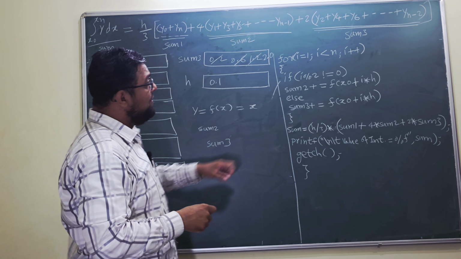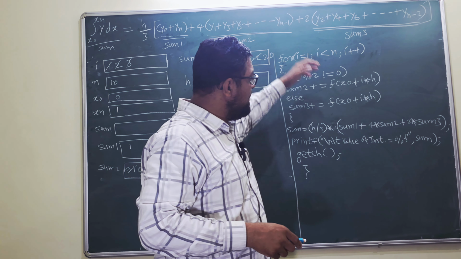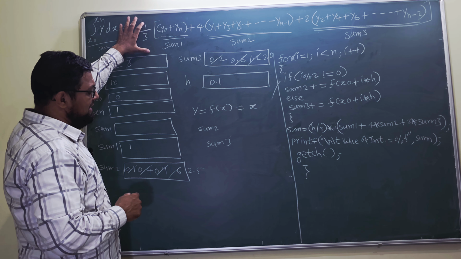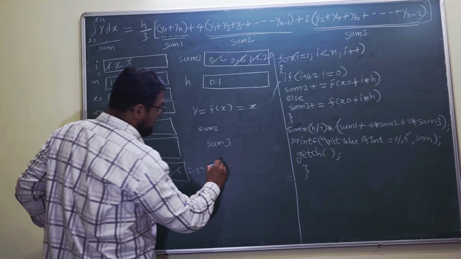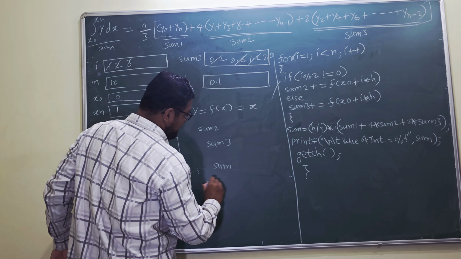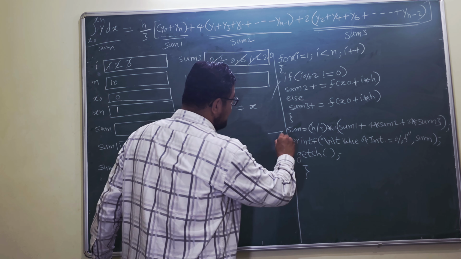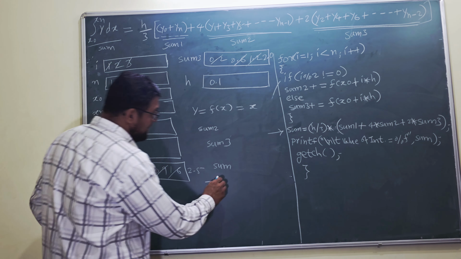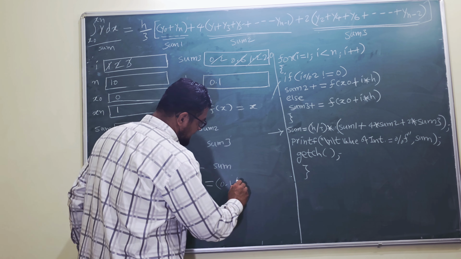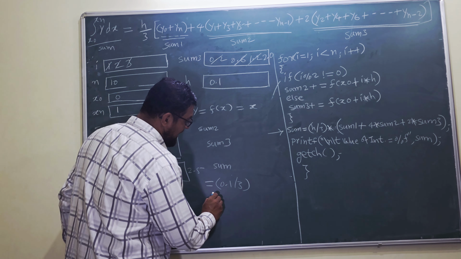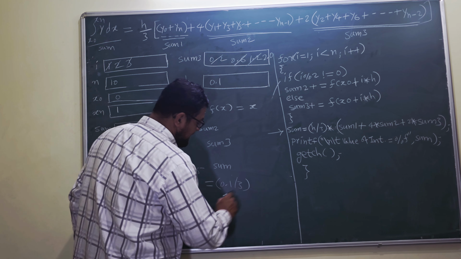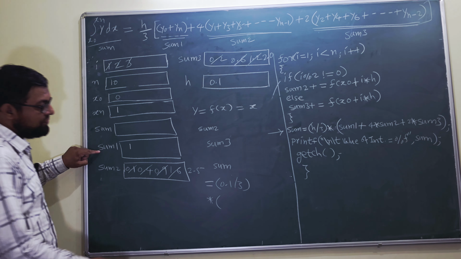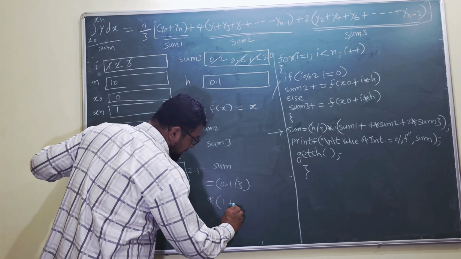At the end, when i becomes equal to 10, it will come out of the loop, and then it will find out the value of this integration as sum. In the sum variable, it will find this by using this statement. The value of h by 3 is 0.1 divided by 3, multiplied by sum1. The value of sum1 is 1, so it will take the value of sum1 from there.